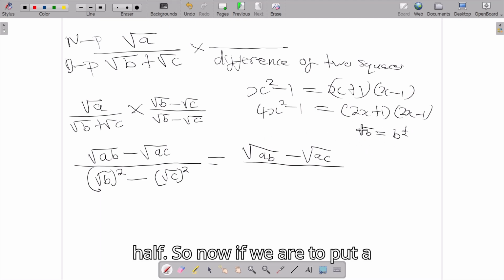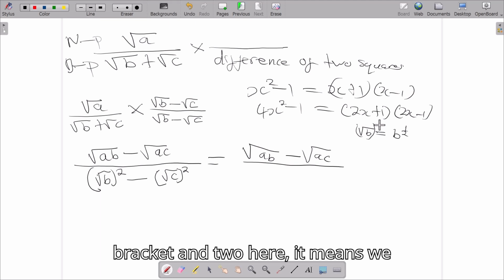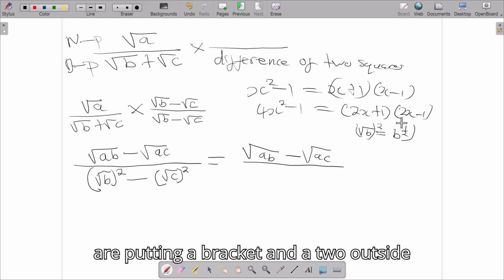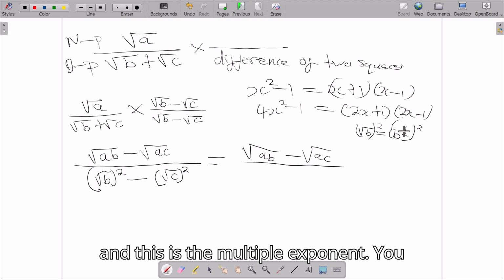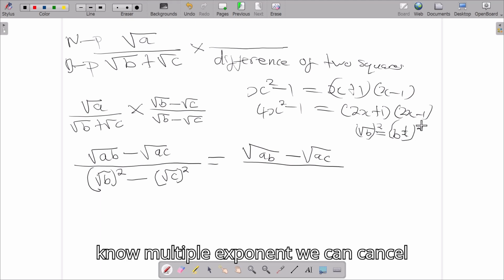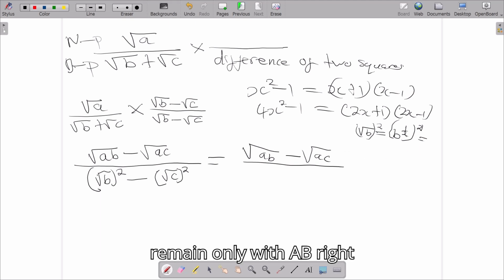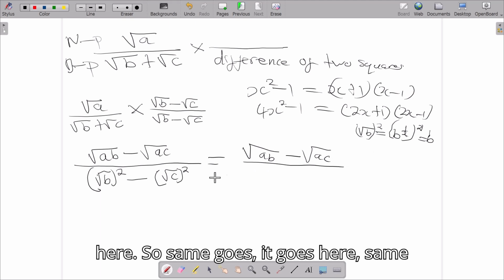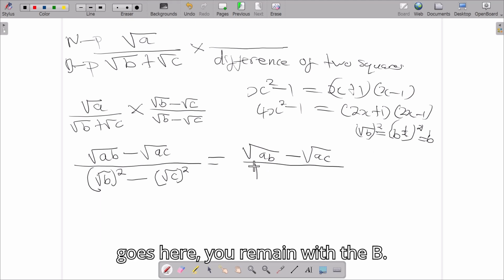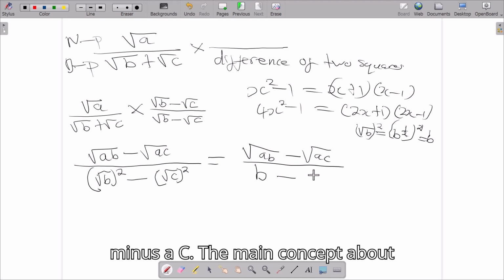So if we put a bracket and 2 outside, this is the multiple exponent, and with multiple exponent, we can cancel, so you remain with only b right here. Same goes here, we remain with ab minus ac.